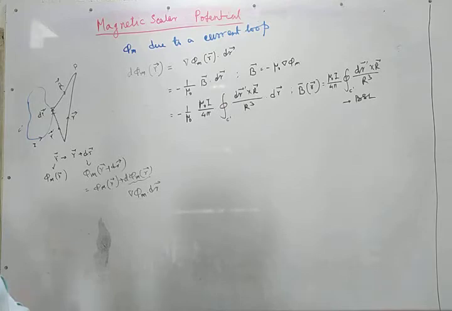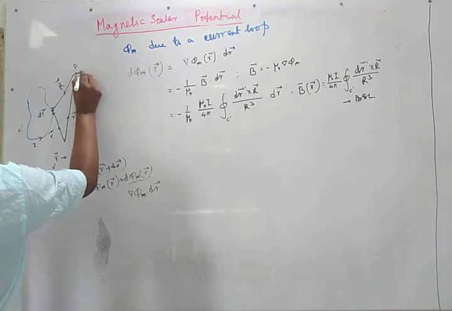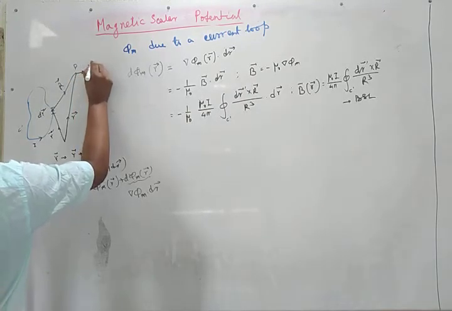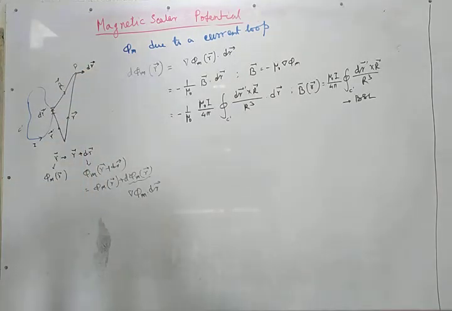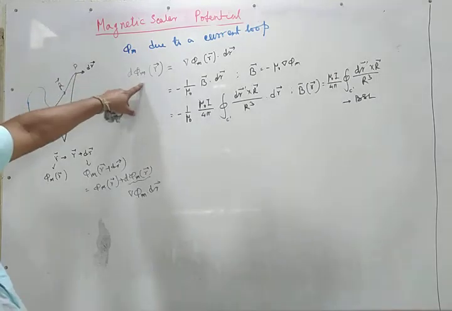You see that this dr prime is this length element and R is the position vector of the field coordinate. In this picture what we have done is that we consider the ring, the current carrying conductor, to be stationary, and we change the observation point by an infinitesimal amount. So some changes will occur and the change in potential is given by this.